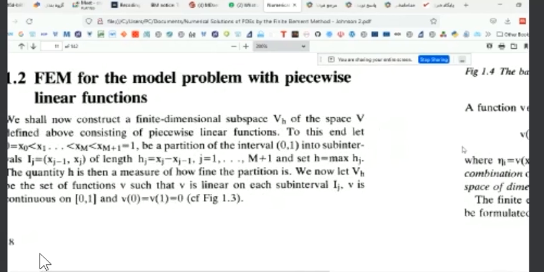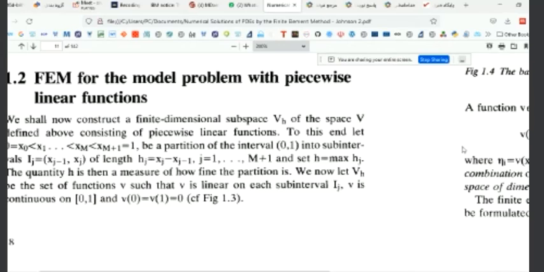Here we are ready to talk about the principles of FEM, the finite element method, in this case.